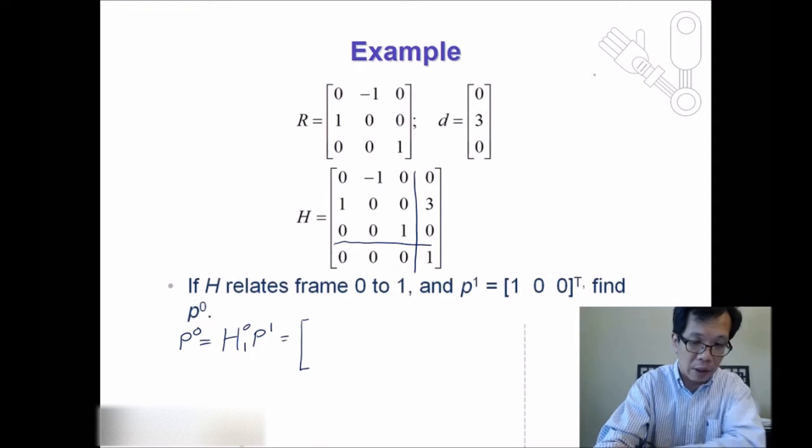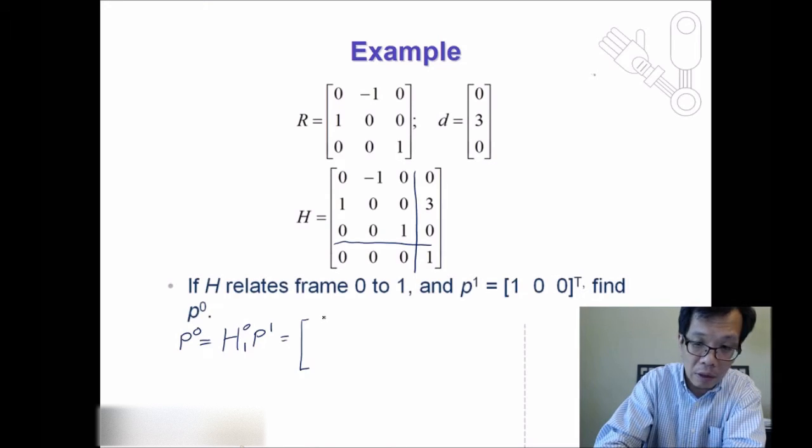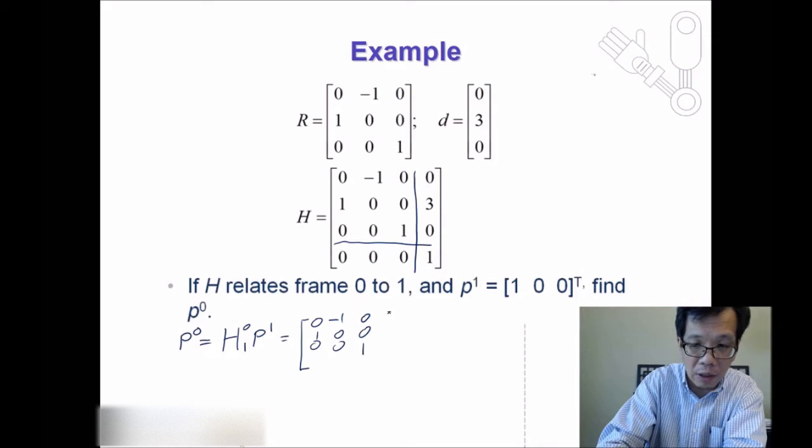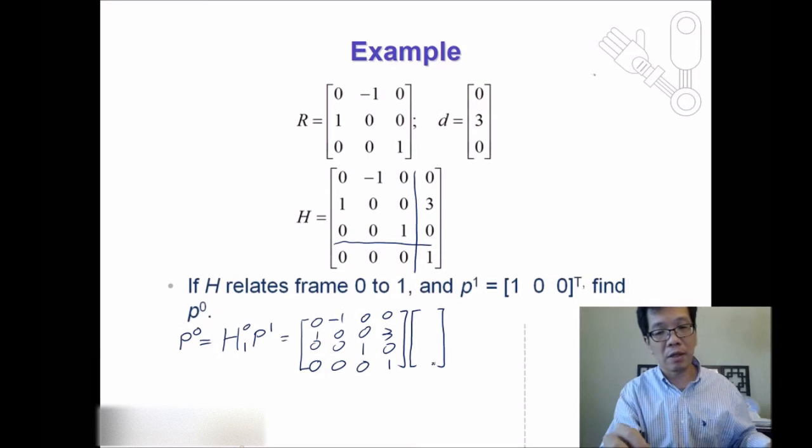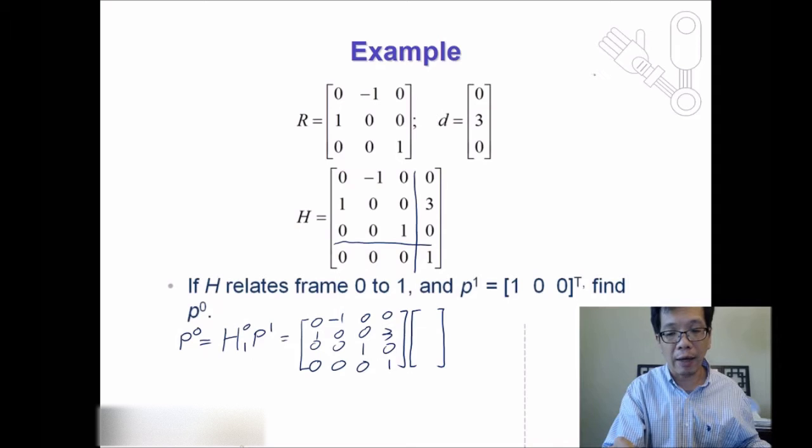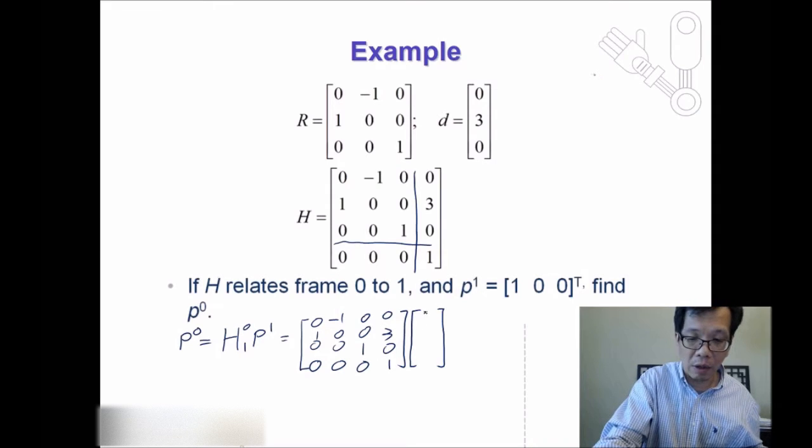In this case, we are having 0, 1, 0, negative 1, 0, 0, 0, 0, 1, and 0, 3, 0, 0, 0, 0, 1. And the vector over here, keep in mind, this time we are not having 1, 0, 0 only.